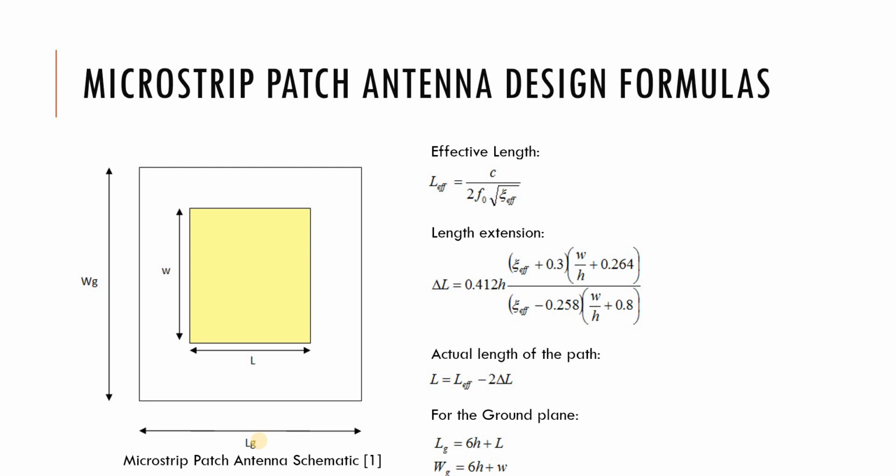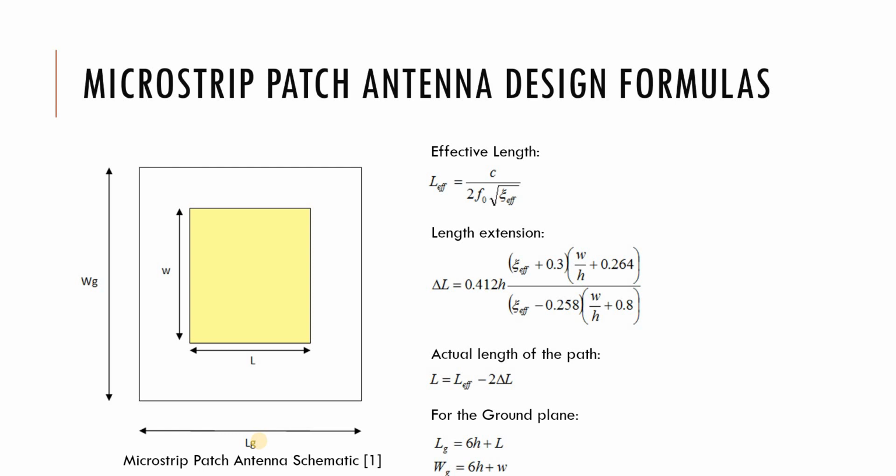So the effective length will be c over 2 f naught square root of epsilon effective. c over f naught is the wavelength, and the wavelength over the square root of epsilon effective is going to be lambda g, and the effective length of the patch antenna is going to be lambda g over 2.